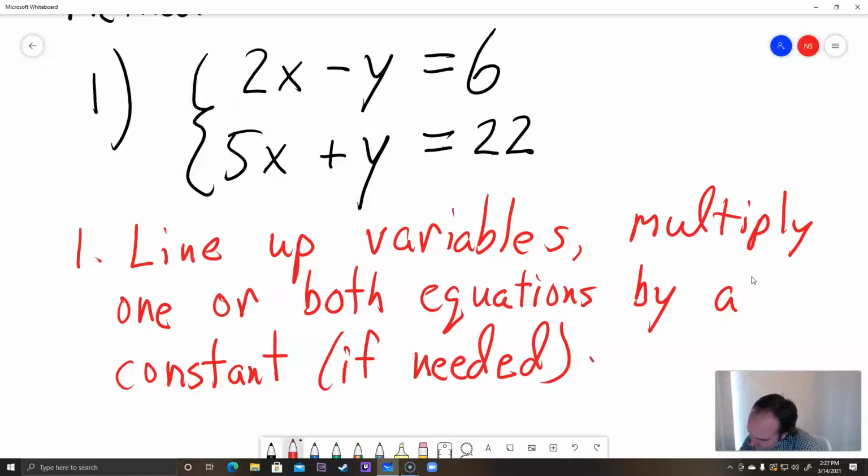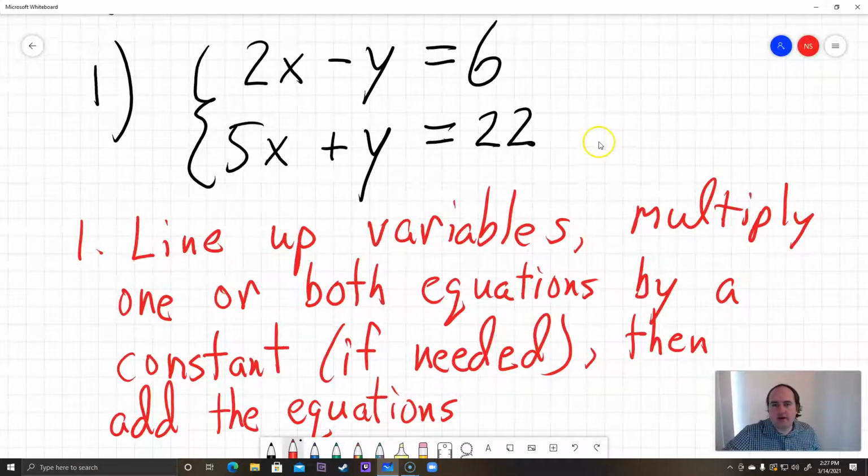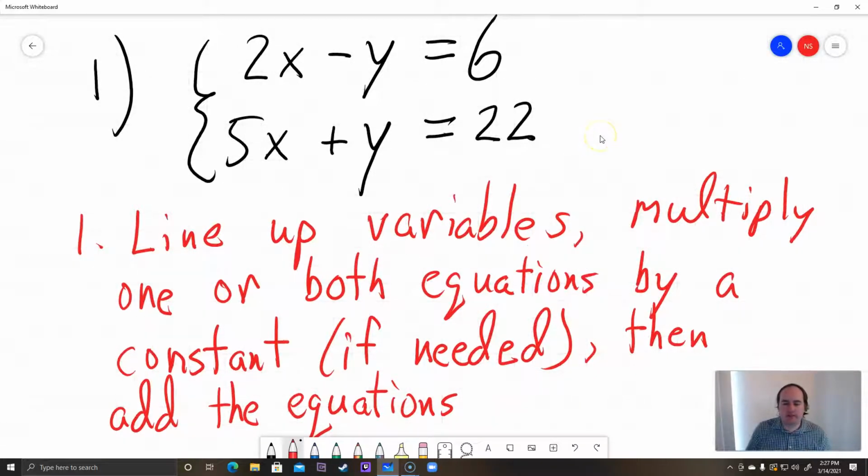Then add the equations. If you've done it right, one of the variables should cancel. Like here, if we add them, the y's are going to cancel, so I didn't need to multiply by a constant.